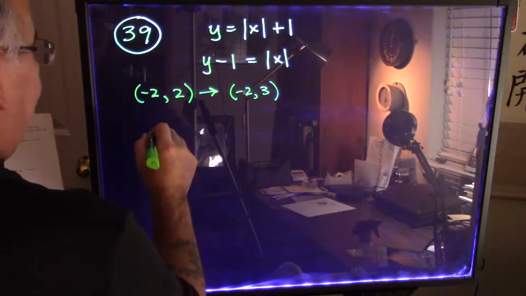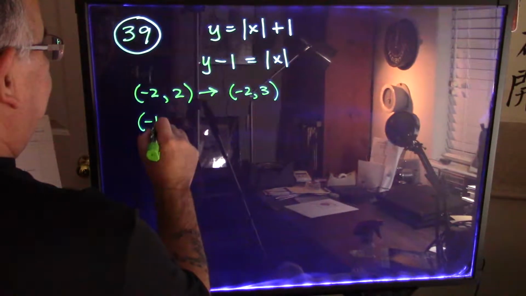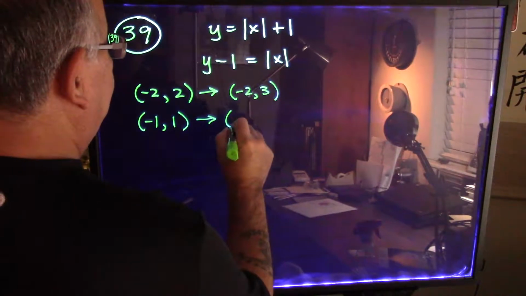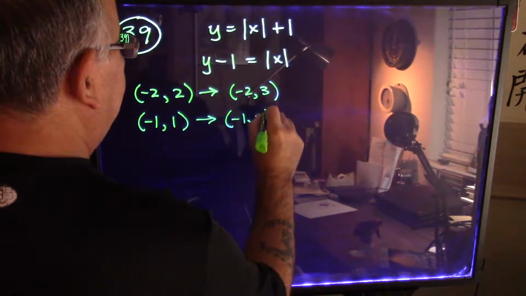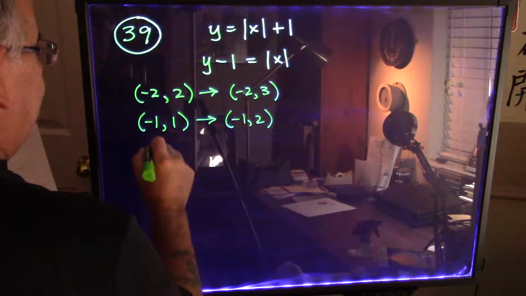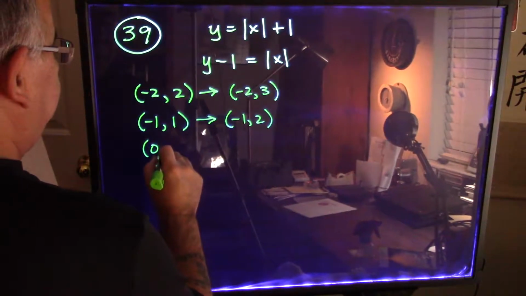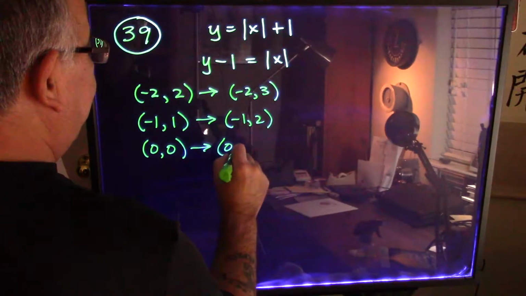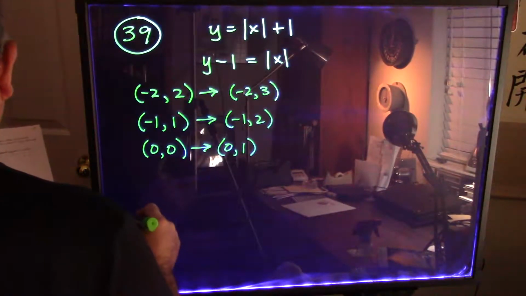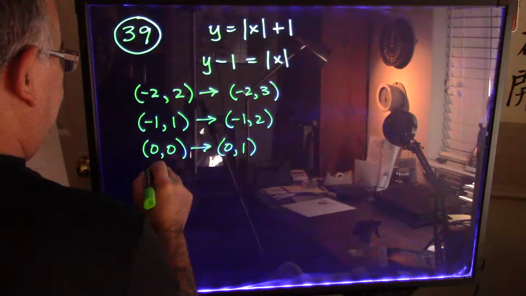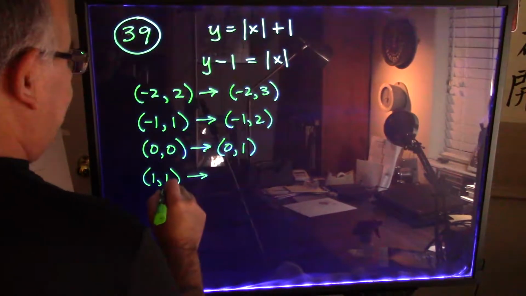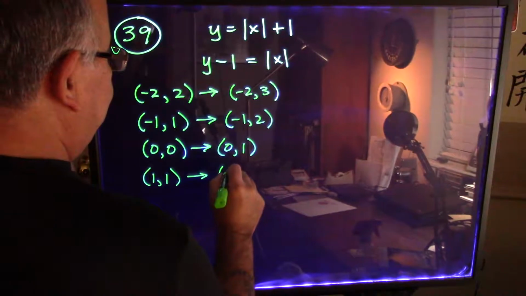And if you get -1, 1 on the original function, add 1 to the y coordinate, you get -1, 2. Take 0, 0, add 1 to the y coordinate, get 0, 1. Take 1, 1, add 1 to the y coordinate, and you get 1, 2.